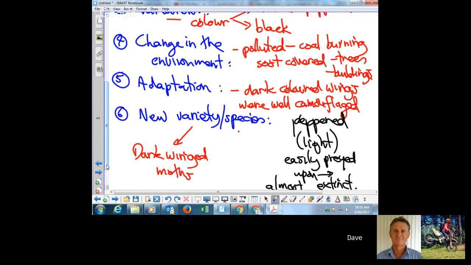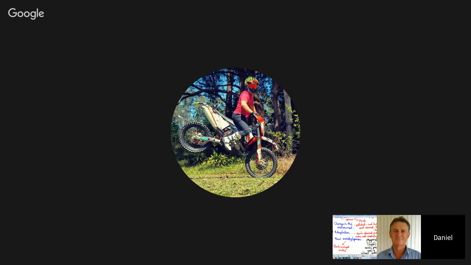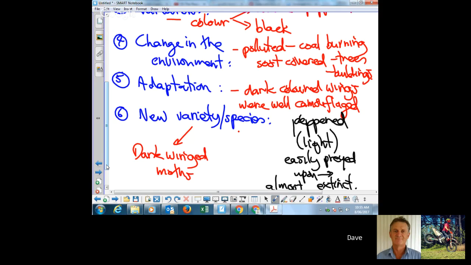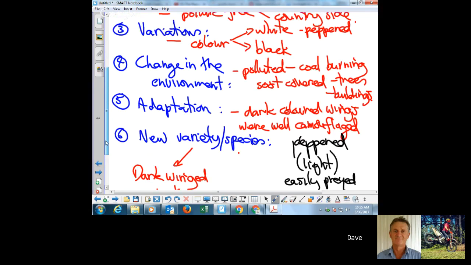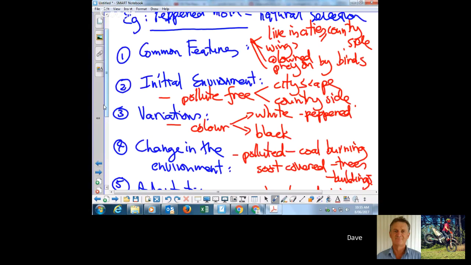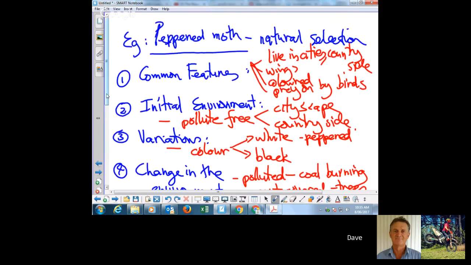So what we need to look at is sharks, and now use yours. You're going to start on a new page and put great white shark, natural selection. We're going for a cup of tea first.